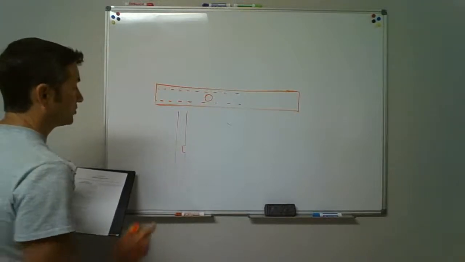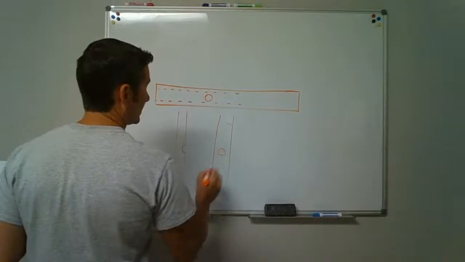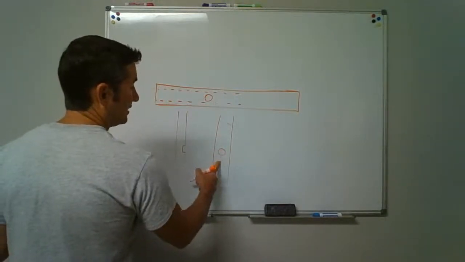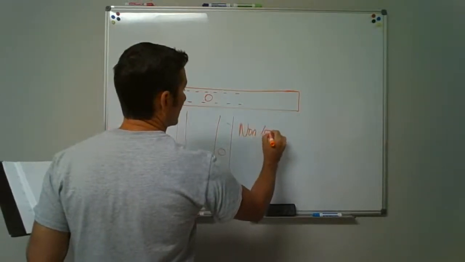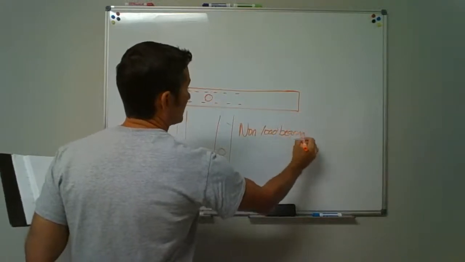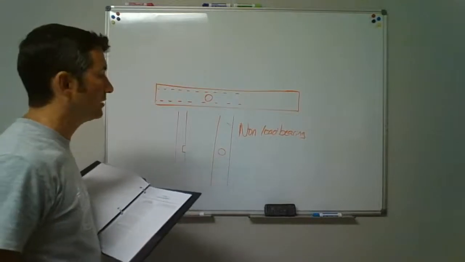Bored holes. Now you've got a stud and you're going to bore a hole. Okay, I'm going to put a hole in it. If this stud is non-load bearing, meaning it is just acting as an interior partition, a barrier.